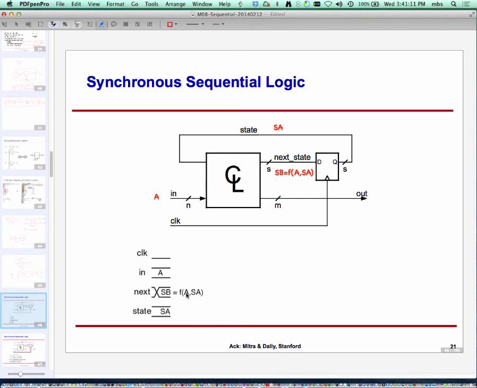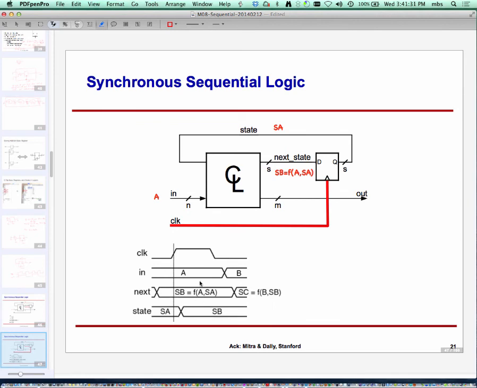Now, after some time, a clock tick comes, a positive rising clock edge. What do you think will happen now? SA will become SB, right? So at this clock edge, the state, instead of SA, will now be SB.